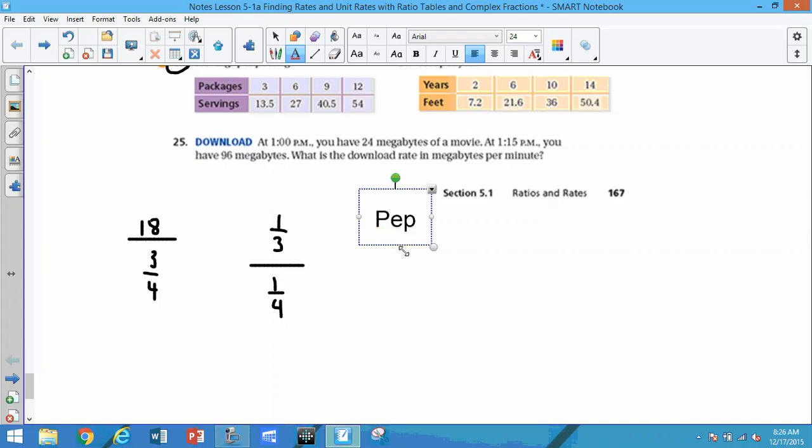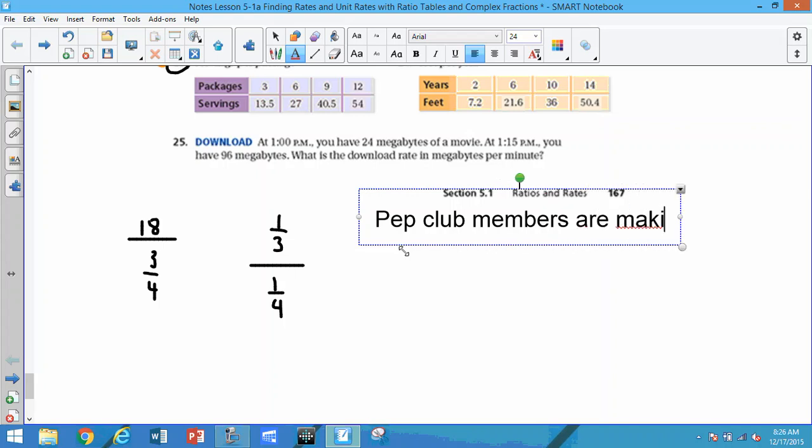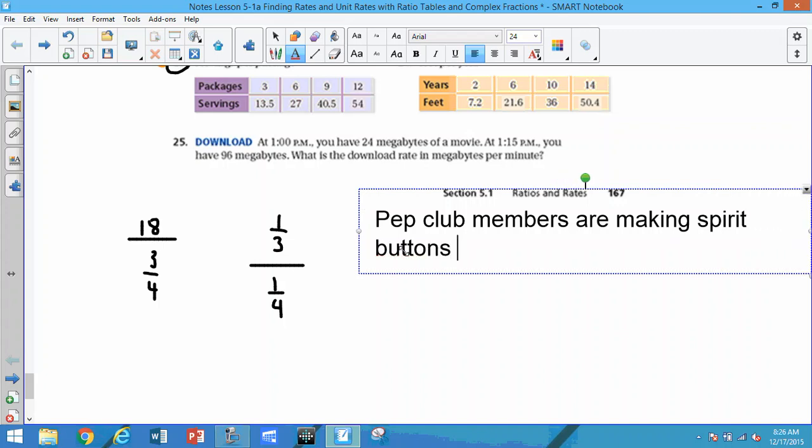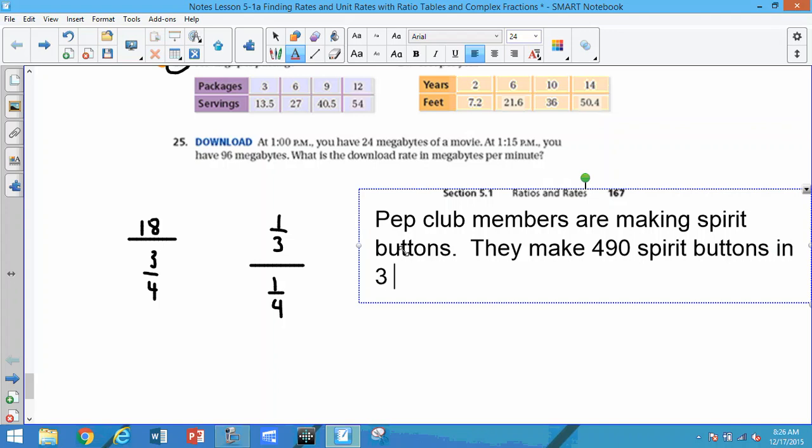It's the Pep Club members are making spirit buttons. They make 490 spirit buttons in 3 1/2 hours.